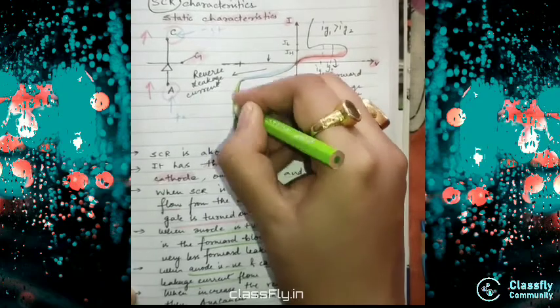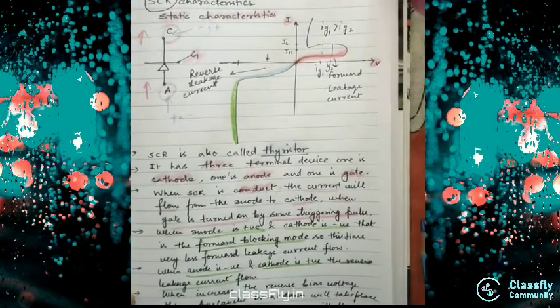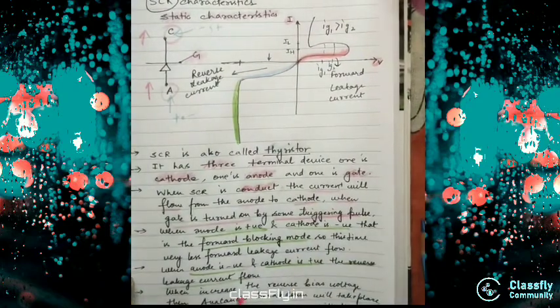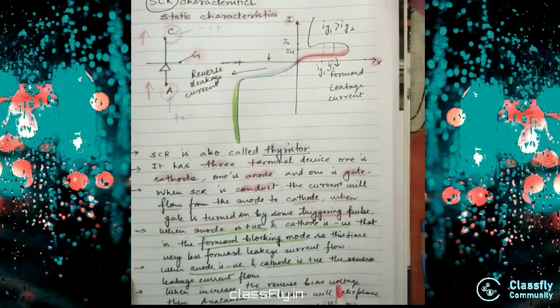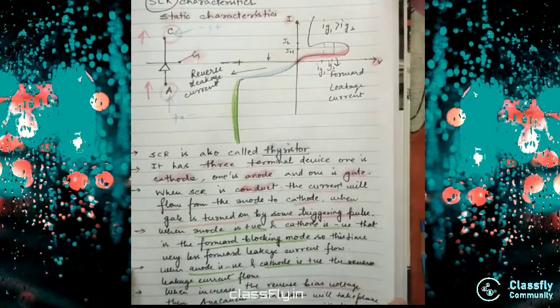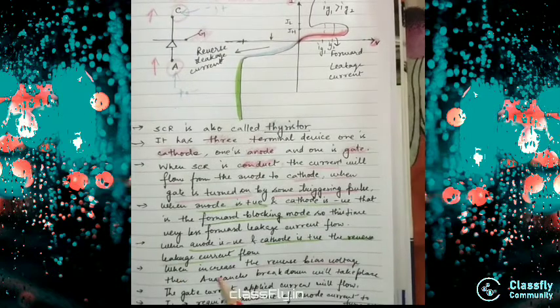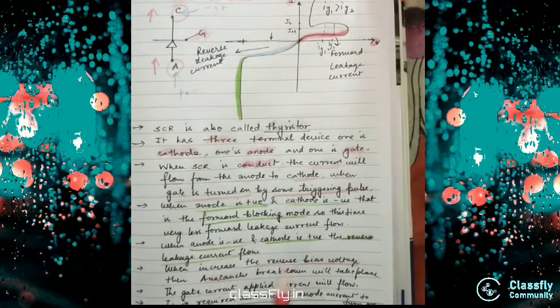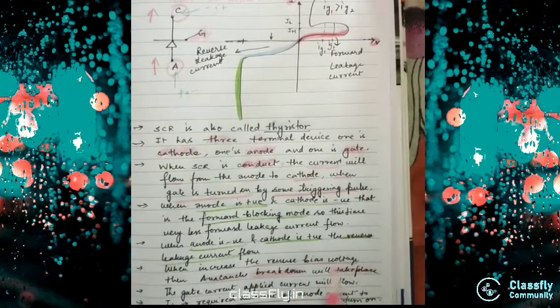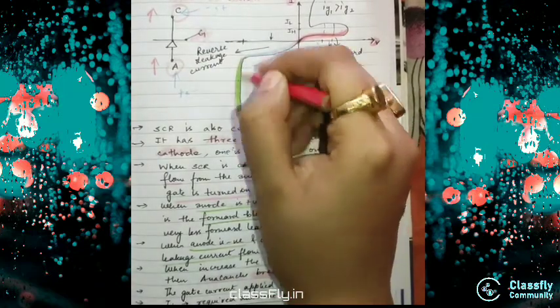So this portion is your avalanche breakdown. When we increase the reverse bias voltage, then avalanche breakdown will take place.